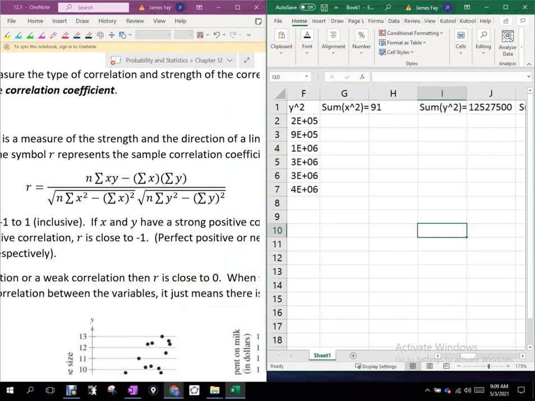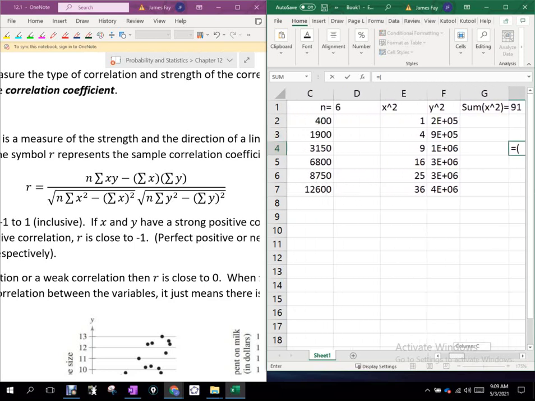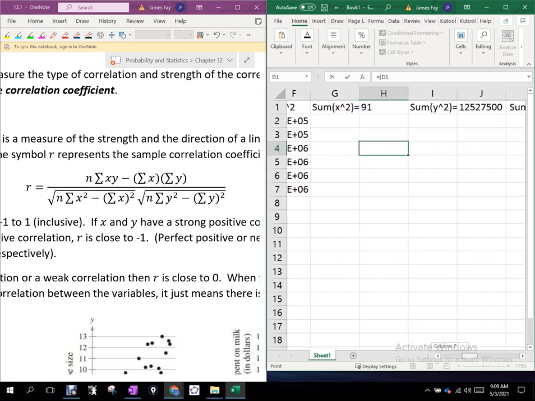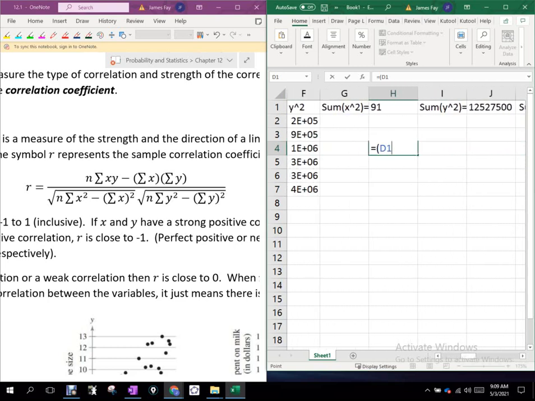So I'm just going to do this in H4. I'm going to hit equals. Now I'm going to put parentheses because I know I'm going to have a numerator and denominator. So open a parenthesis. Now I'm going to hit n, which if you remember n was our value right here in D1. So I'm going to click on that and we'll automatically put that right there.